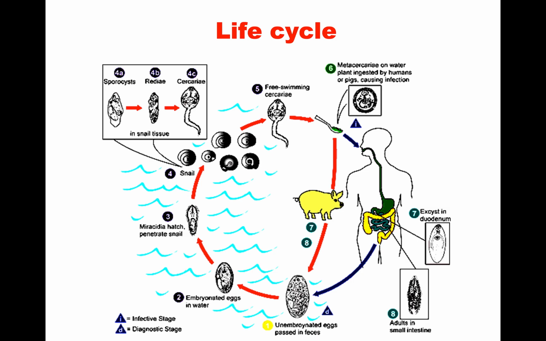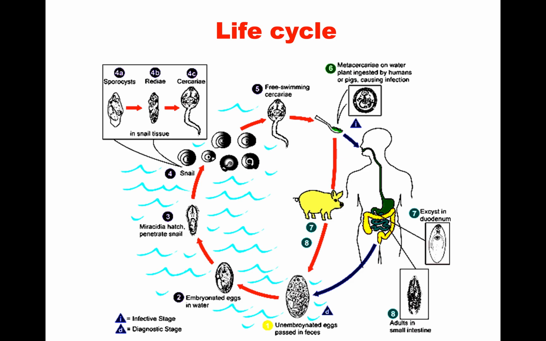In the water, this is stage number 2, embryonated eggs in the water. After some time, the miracidia hatch and penetrate the snail. So inside the snail, which is stage number 4, the parasite will develop from sporocyst to redia and then to cercaria.